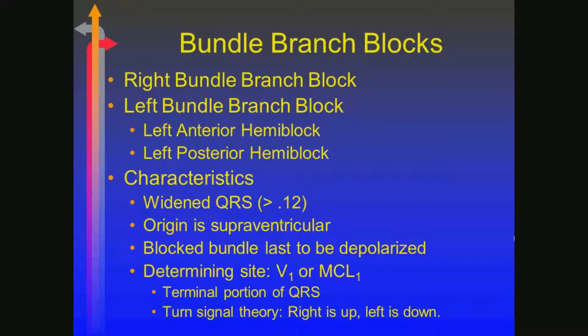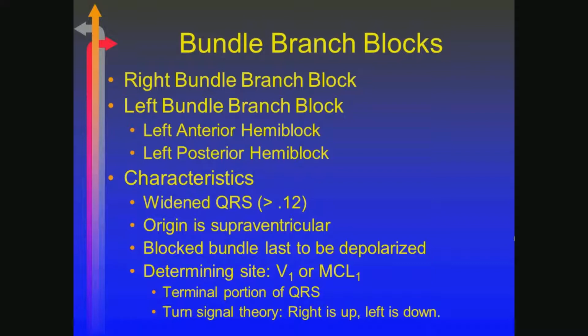That's assuming that the origin of the beat is supraventricular. In other words, it's not a ventricular beat, because a ventricular beat will also have a widened QRS complex. That's kind of the nature of it. But if I have a sinus origin and I have a widened QRS complex, that's telling me that I have a bundle branch block. And the blocked bundle will be last to be depolarized because the current has to come back around again.